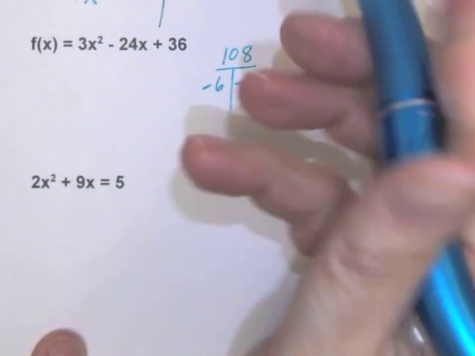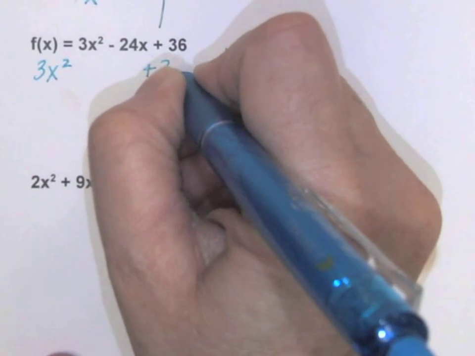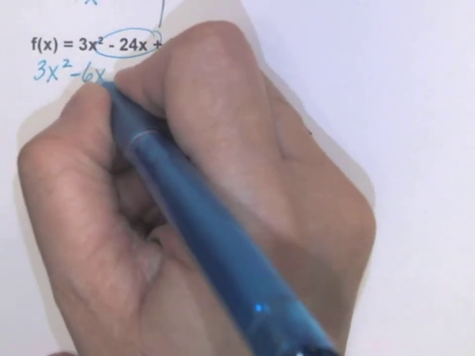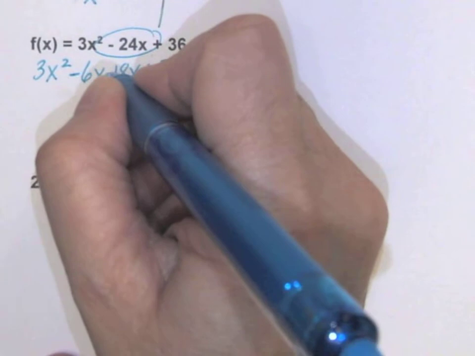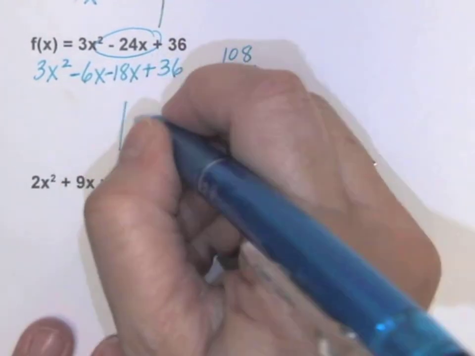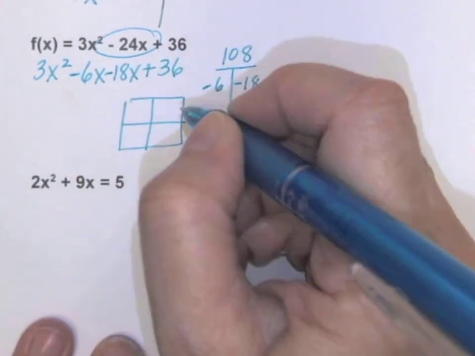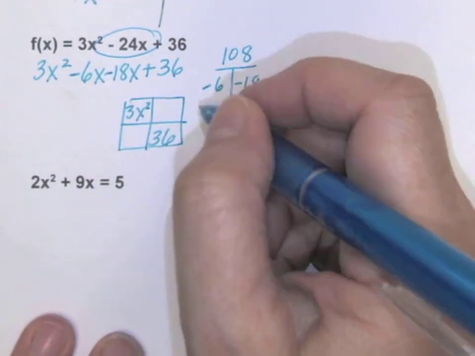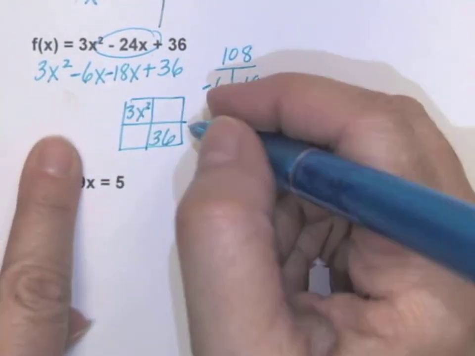So I rewrite my equation. I leave my 3x squared and my plus 36, but I'm going to replace my negative 24 with a minus 6x and a minus 18x. Those of you who like the box method can do this in the box. I know some of you don't, and you do it by grouping with parentheses, but this is my method.